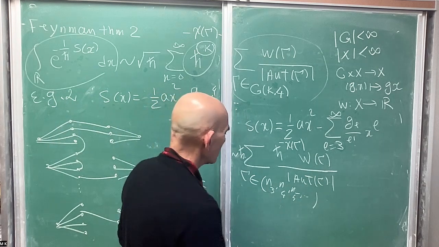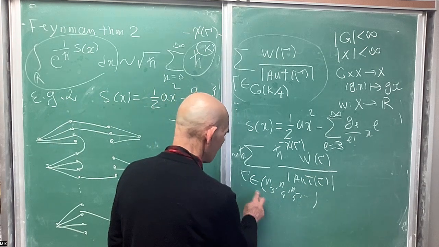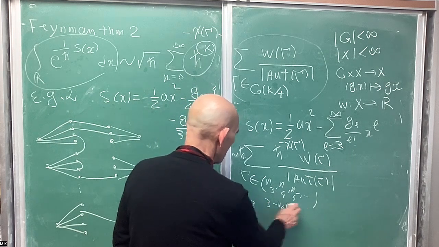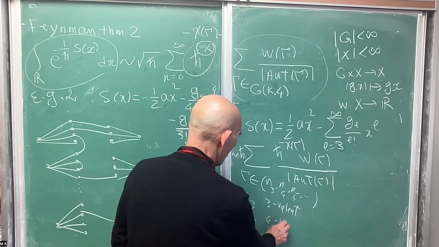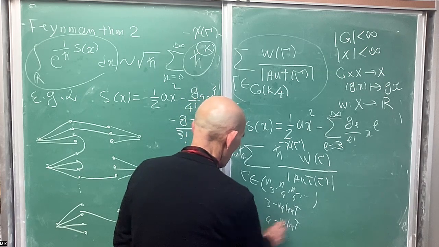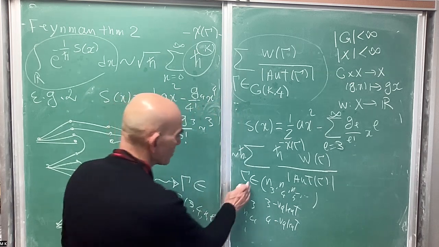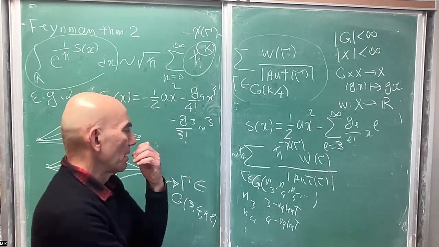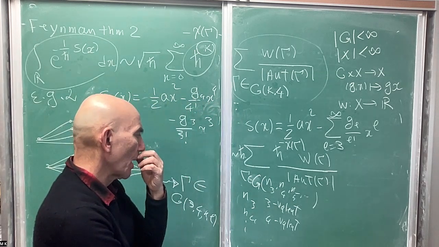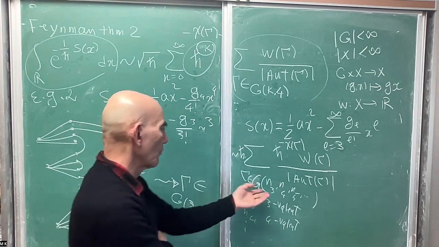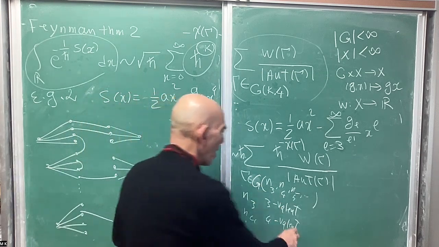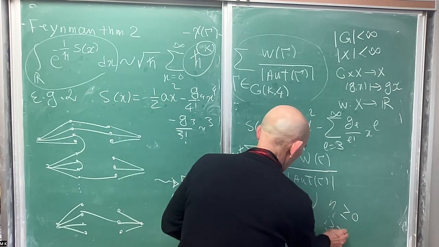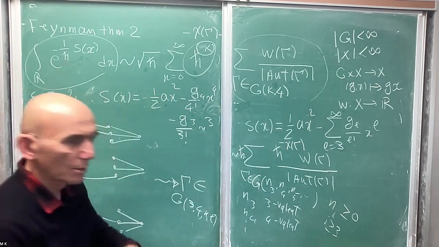So this has N3 3-valent graphs, and N4 4-valent graphs, etc. That's not bad. So let's put it belongs to G of this. And this summation is over all numbers, so the N_i are bigger than or equal to 0, i bigger than or equal to 3. So it's a sum.